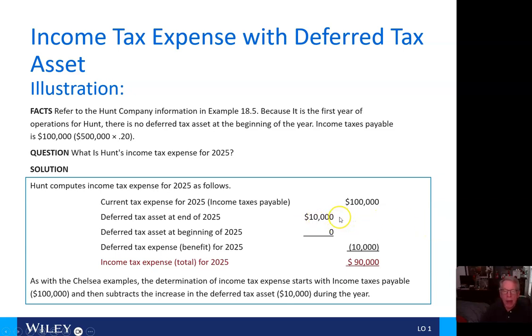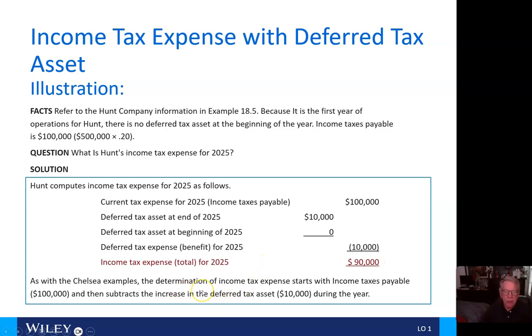And to that, we'll start with our ending 2025 deferred tax asset and our beginning deferred tax asset for 2025. And that results in a deferred tax benefit for 2025 of $10,000, resulting in income tax expense in total for 2025 of $90,000. And that's very similar to the Chelsea example.